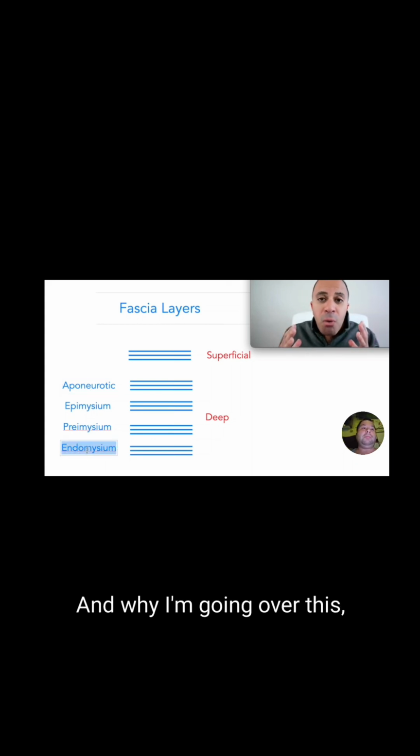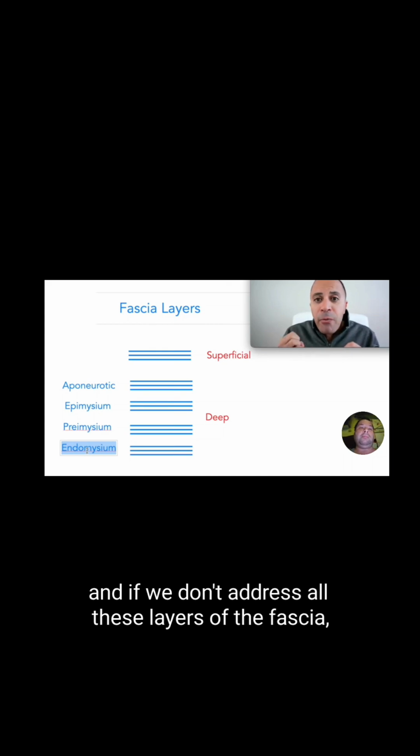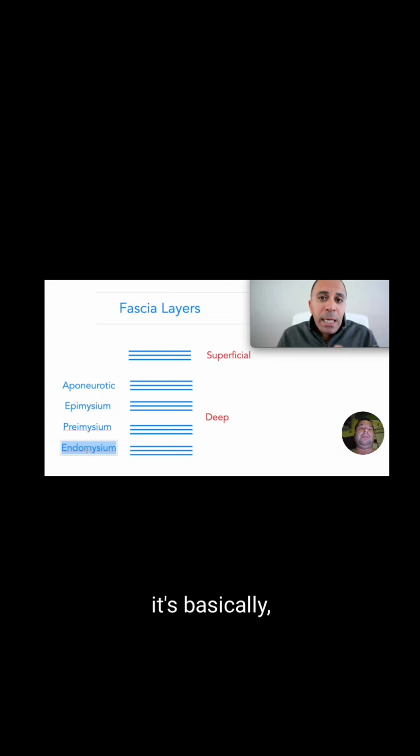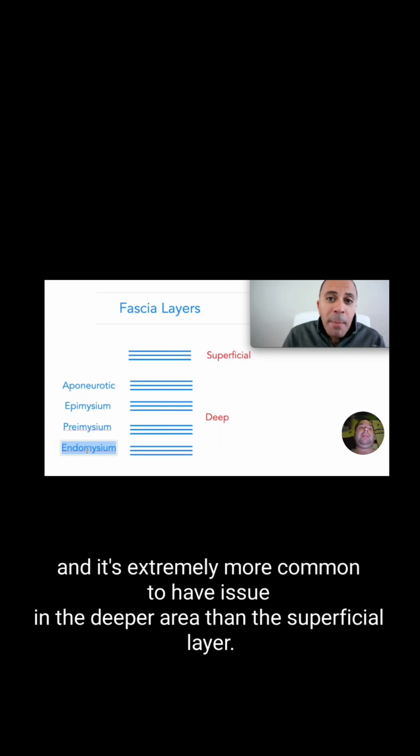And why I'm going over this is because it's an extremely important system, and if we don't address all these layers of the fascia, you're not treating the whole system. You're just picking and choosing layers and avoiding the other layers. And it's extremely more common to have an issue in the deeper area than the superficial layer.